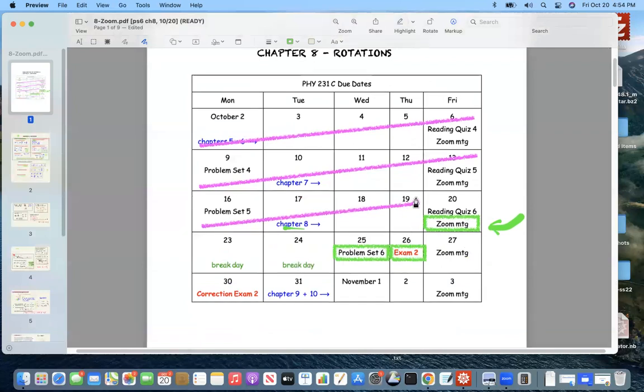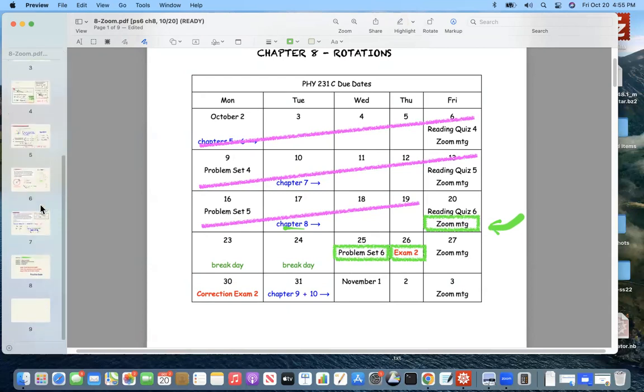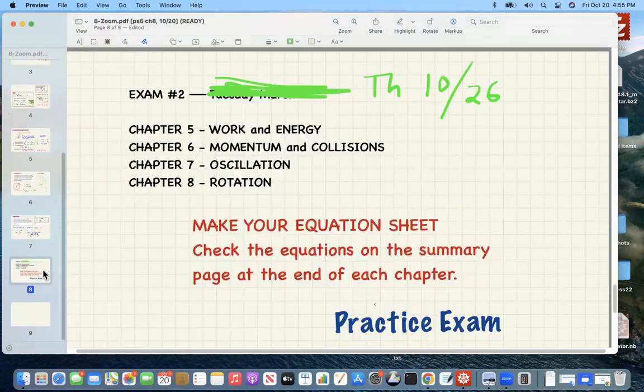Yeah, the exam is October 26th. That's a Thursday. So the problems on rotation are due Wednesday. The next day is exam 2. So you need to do some things to prepare for exam 2. You already did exam 1, exam 2 will have the same form, so you know what you need to prepare.